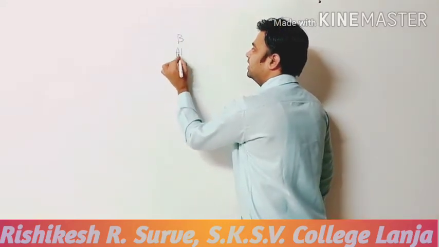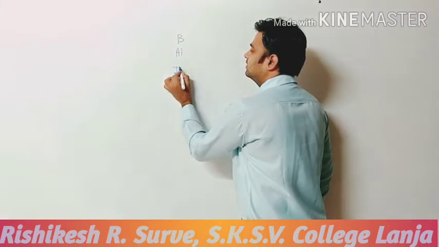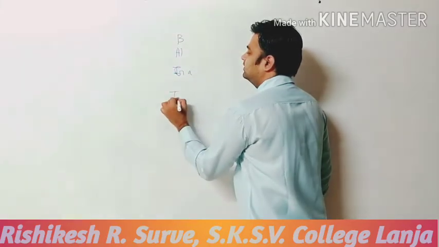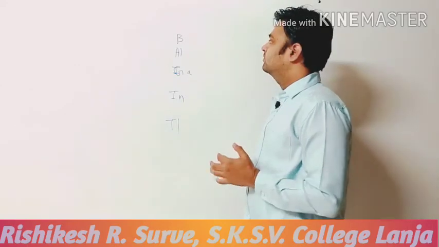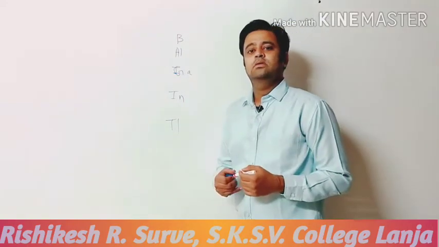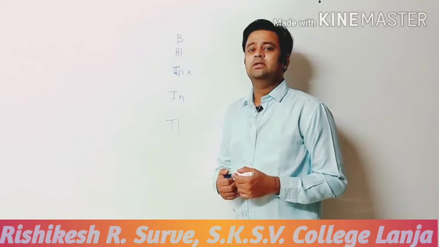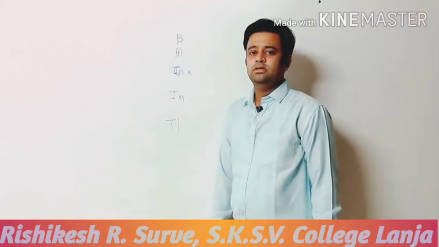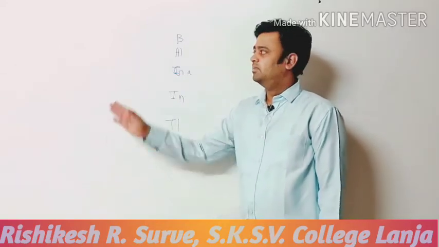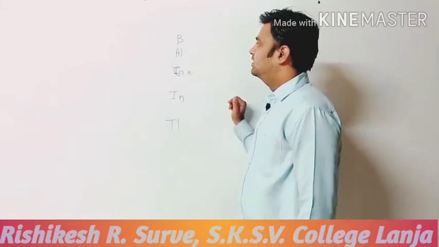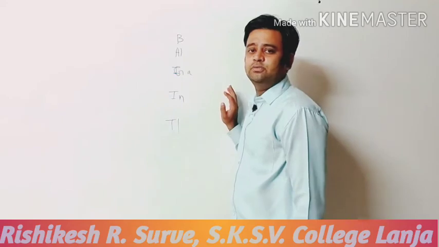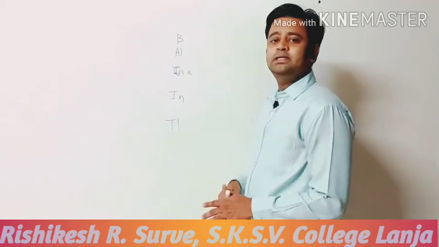boron, aluminium, gallium, indium, thallium. We know metallic character from top to bottom goes on increasing, and from left to right metallic character decreases. Here also the same pattern is observed. Boron is a non-metal.